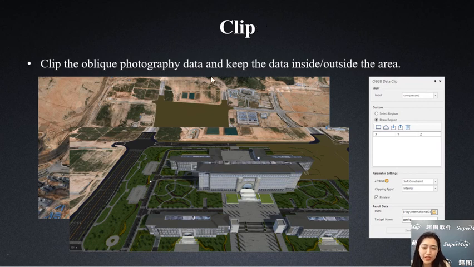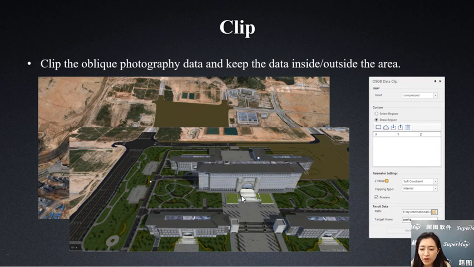So you could select or draw a polygon as a clip area, and this method is convenient for you to obtain the oblique photography data within a specific range according to your needs.